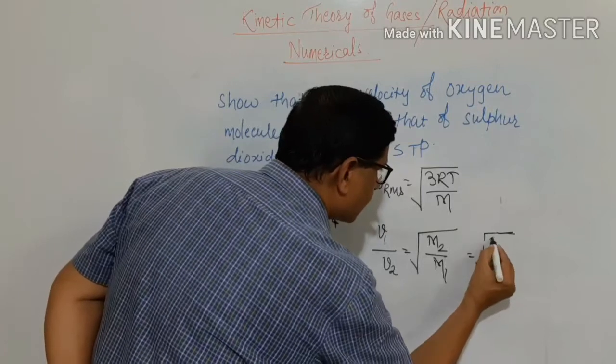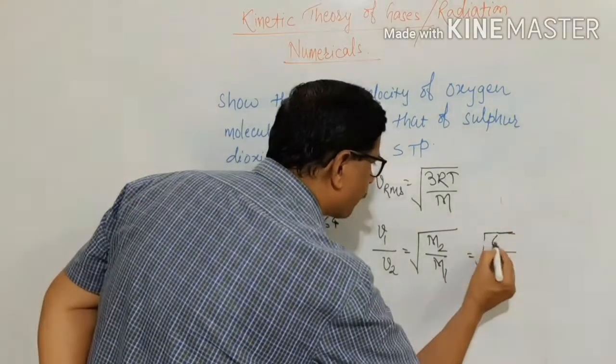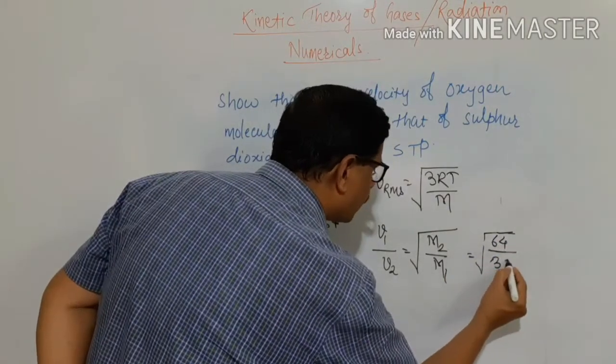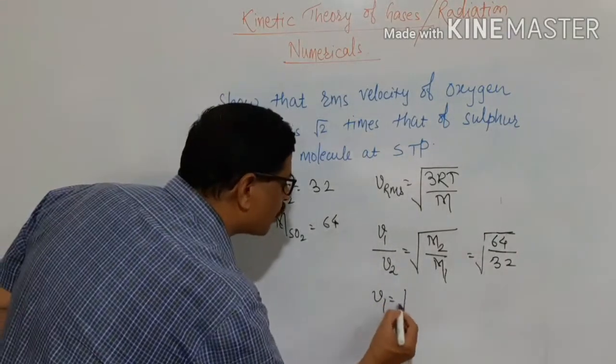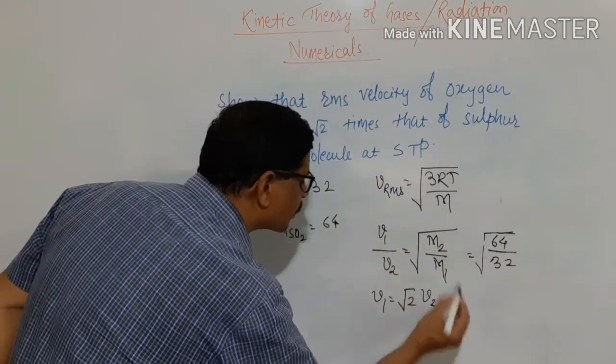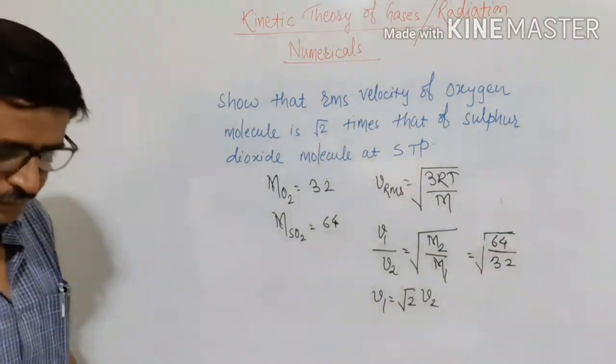Therefore, it is root of 64 divided by 32. Hence, we will get V1 is equal to root 2 times V2. V1 is equal to root 2 times V2.